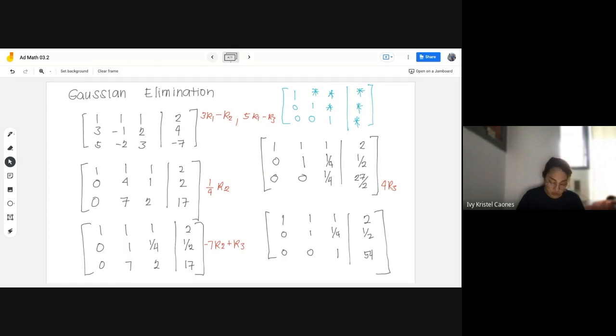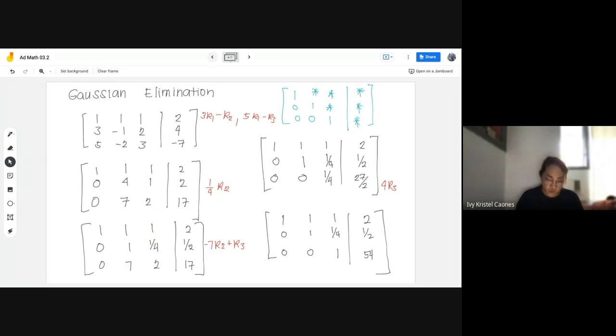Don't forget to zero also the ones above. So you will add another step here that you will solve simultaneously by making your element 3 to 0 and making your element 1 to 0. After that, it will result in the values of x, y, and z.